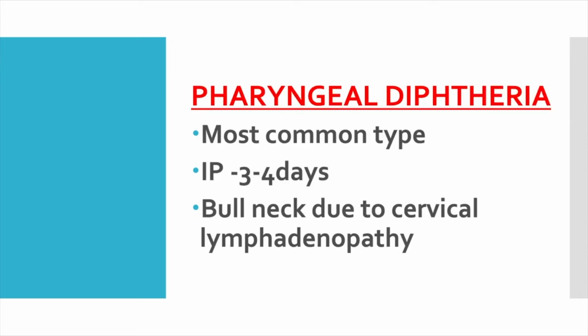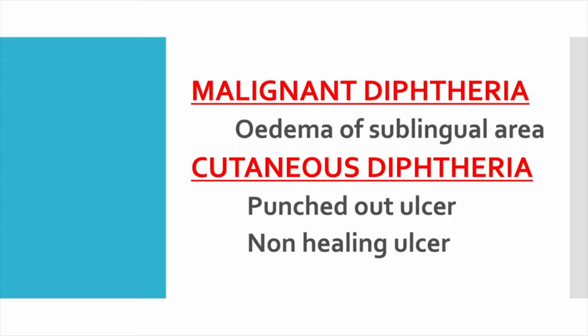Pharyngeal diphtheria, most common type. Incubation period 3 to 4 days. Bull neck due to cervical lymphadenopathy. Malignant diphtheria, edema of sublingual area. Cutaneous diphtheria, having punched out ulcer and non-healing ulcer.